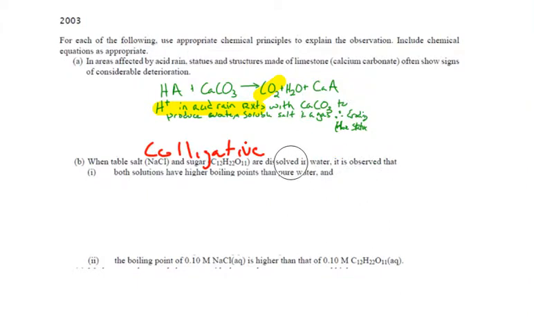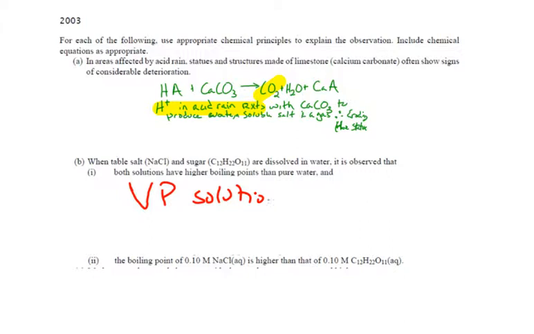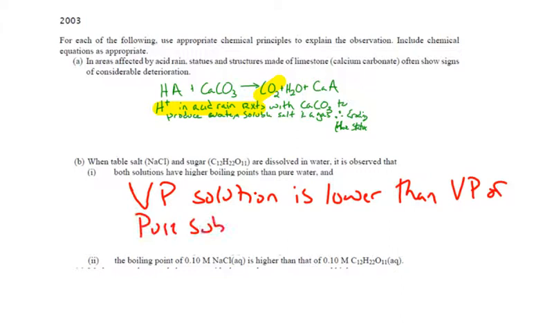So what must be happening here? Well, the vapor pressure of the solution must be lower than the vapor pressure of, let's say, a pure substance. In this case, we're talking about the water.